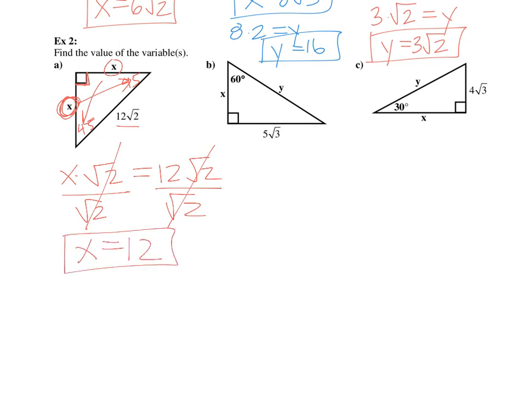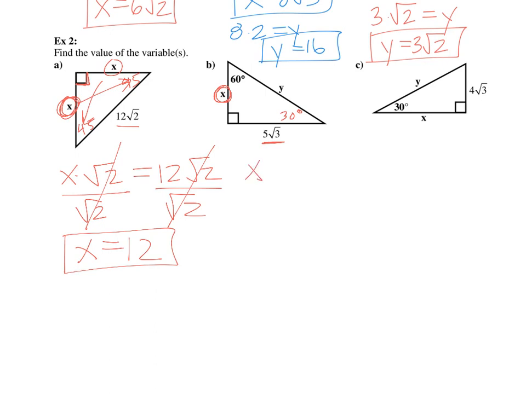Done. All right, now for part B, I have a 60, 90, and this would be 30. Just subtract both of the angles from 180. I need to figure out what the short leg is because I have the long leg here. So what's the relationship between the short leg and the long leg?